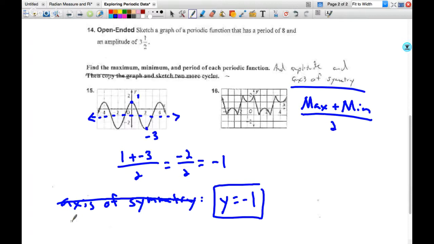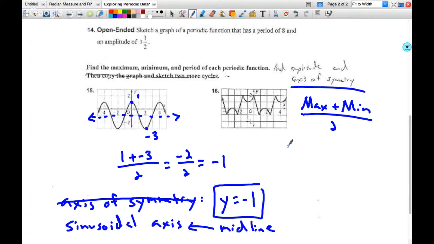Not axis of symmetry, but the sinusoidal axis. Or an even better word is just midline. Halfway between the top and the bottom. Midline, I'm going to use midline more often in class anyway. But, you know, you might see sinusoidal axis sometimes. So it's good to know what it means.